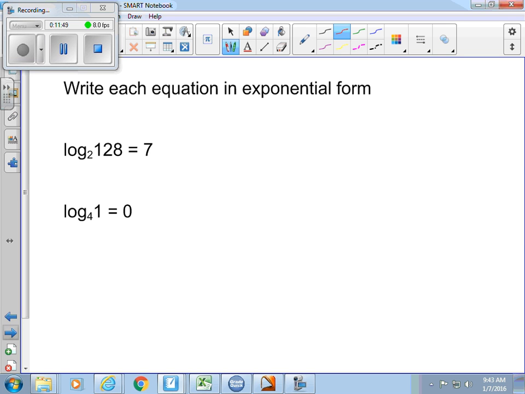This actually tells me to rewrite each equation in exponential form. So I'm going to take this logarithm and turn it into an exponential. If I'm writing it in exponential format, I don't want to write logarithm anymore, right? I want to write the exponential. So the exponential is 2 to the 7th power equals 128.